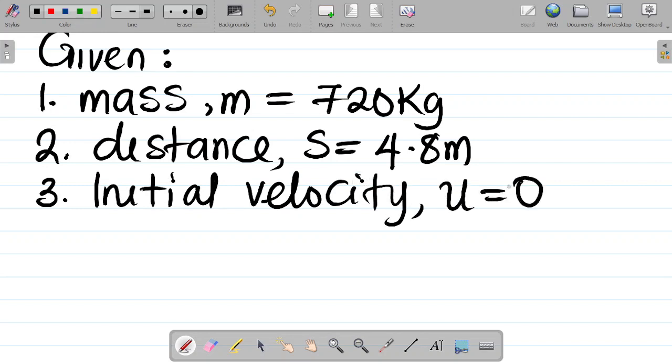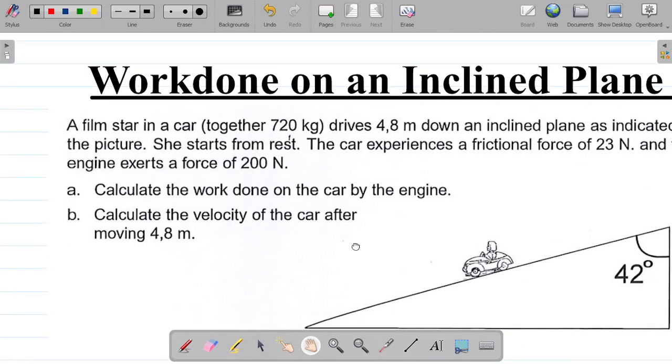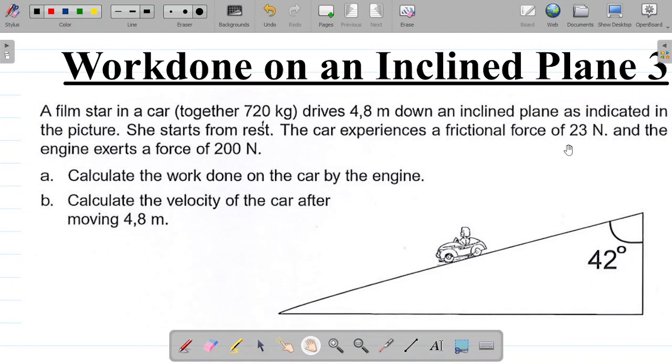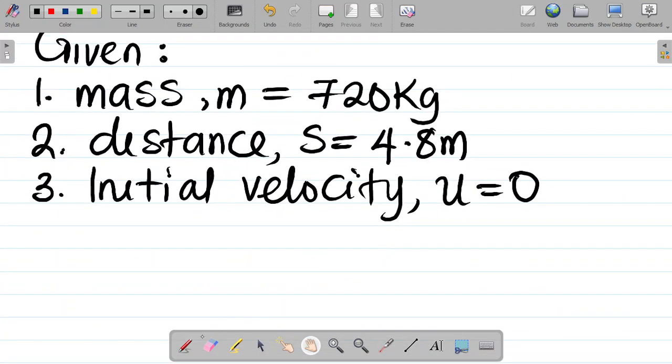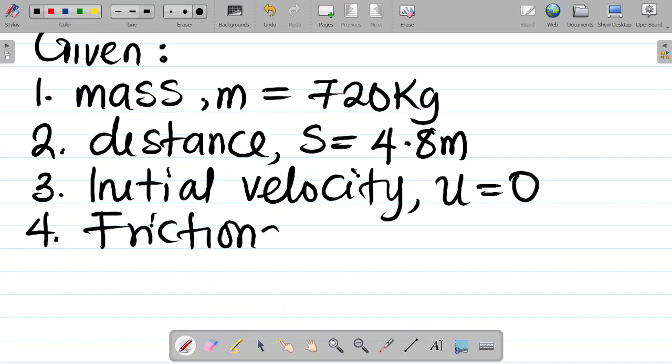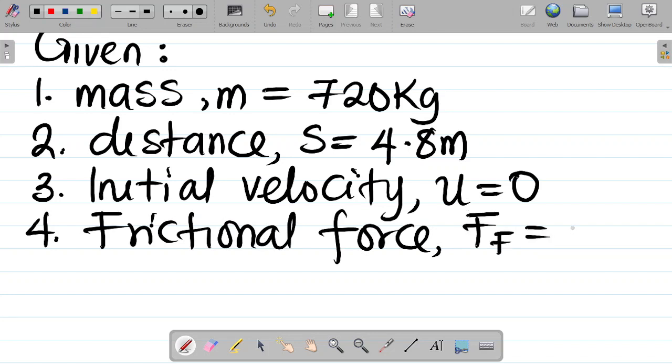So we know from the idea of motion that when a body starts from rest, its initial velocity u is 0. Moving on, they said the car experiences a frictional force of 23 Newton. So number 4, the frictional force, F_F, is equal to 23 Newton.